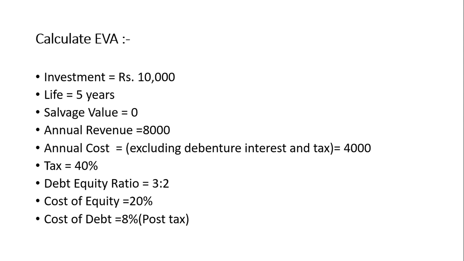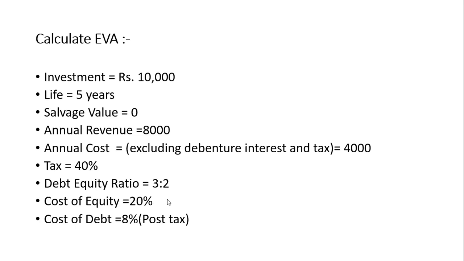Tax will be 40%. The debt equity ratio is 3:2. So the loan is 3/5 and equity is 2/5. 3 plus 2 is 5, 5 is the denominator, so 3/5 and 2/5. The cost of raising money through equity is 20%.